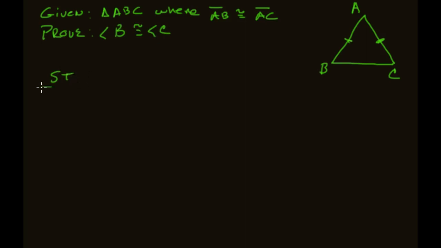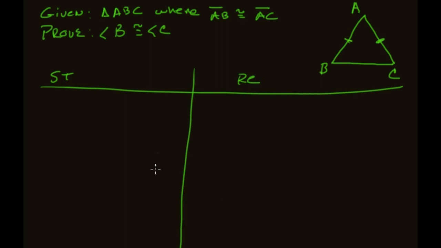And we'll have a set of statements and a set of reasons to try to justify this. All right, so the first move we're going to make is a little off the beaten path. We're actually going to bisect this angle A, in such a way that the segment AD is the bisector.